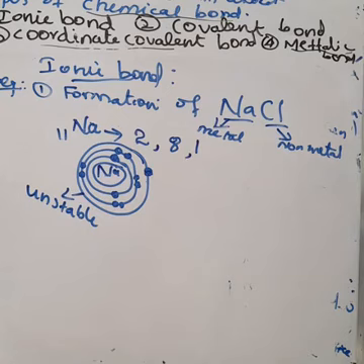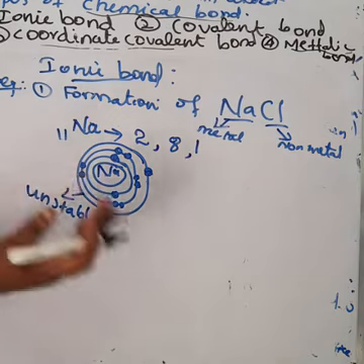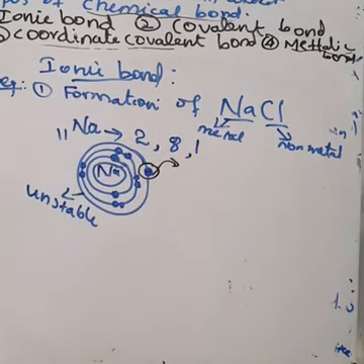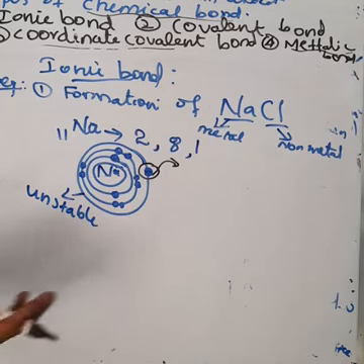So it always tries to lose this 1 electron, and when it loses it, it becomes stable.